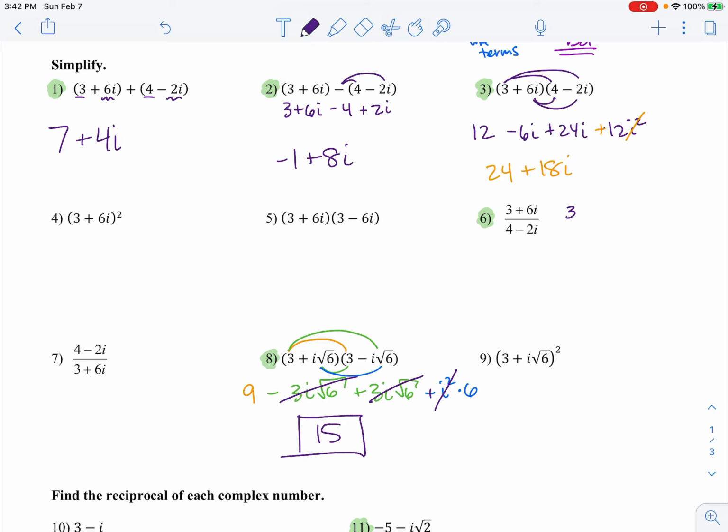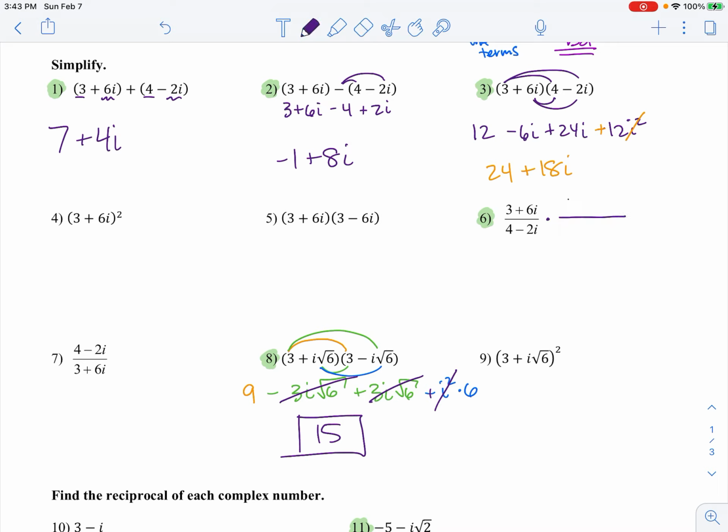I can factor a GCF from the top. I'm left with 1 plus 2i. I can factor a GCF from the bottom. That's a 2. And I'm left with a 1 minus 2i. Oh, nope. Didn't get me anywhere because I can't cancel anything. This is just like with our parentheses where I need to have the exact same thing. Okay, so never mind. I was on the right track the first time. I'm not even going to pull out that GCF until after.